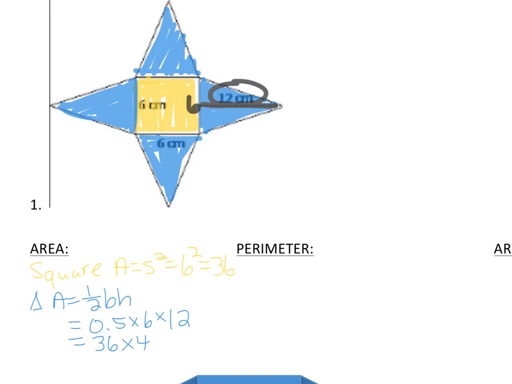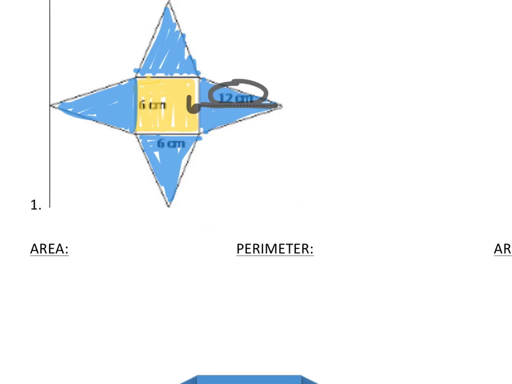Now I'm going to go ahead and erase that so I can give myself some room. All right, now to find the perimeter, I want the entire outside. And the only thing that's outside is the lengths of the triangles. So here's the deal.